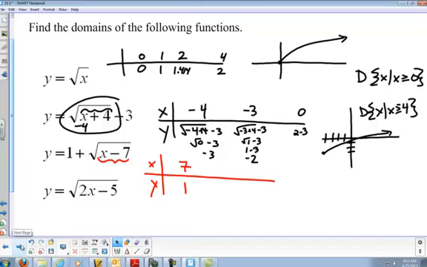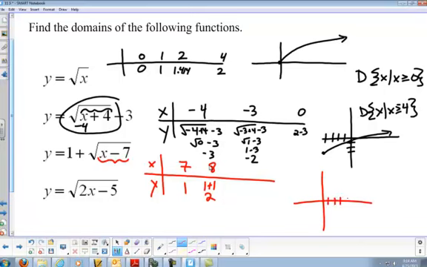And then you can plug in more numbers past 7, like 8. 8 minus 7 is 1, so 1 plus 1 is 2. But regardless, this one's going to start over here at 7. And again, it's going to be swooping like so.